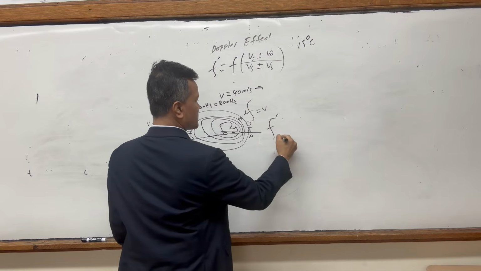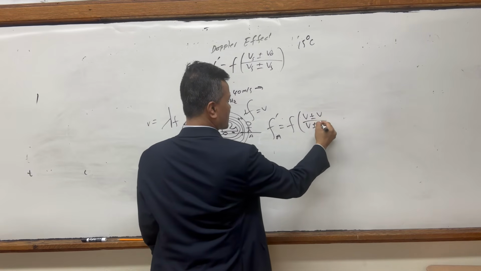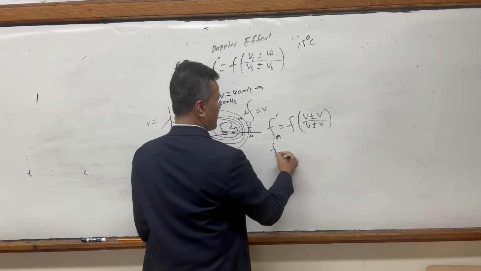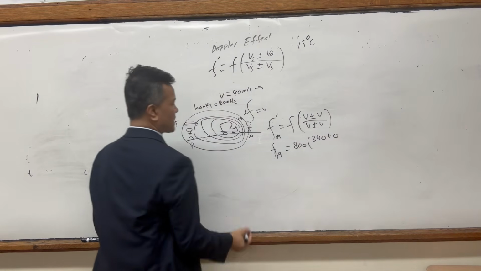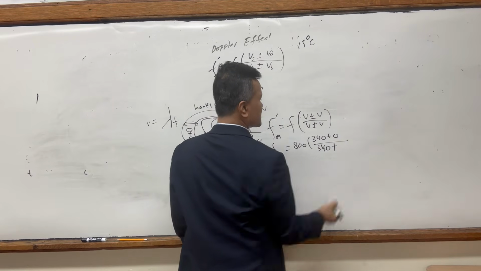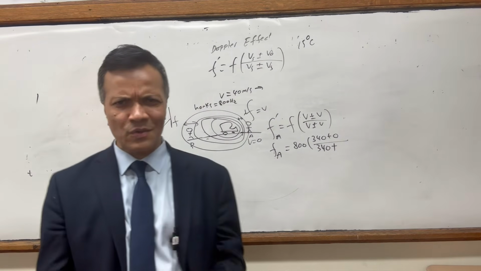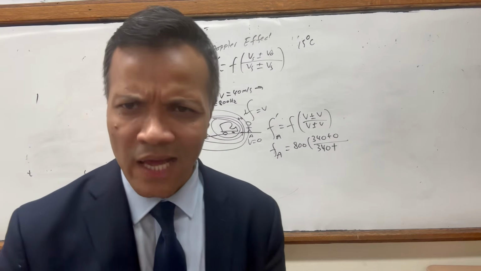A will experience f times the ratio of 340 plus or minus the observer's velocity over 340 plus or minus the source's velocity. A will experience 800 times 340 plus 0, because A's velocity is 0, over 340, and this is minus, because of course the truck is moving toward A. A will experience high pitch.